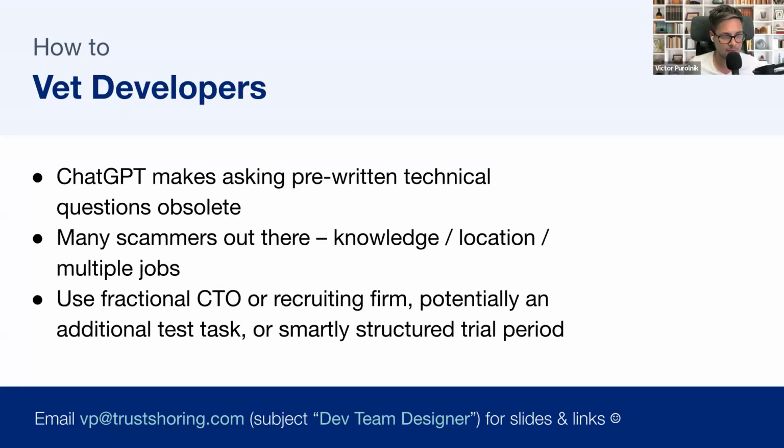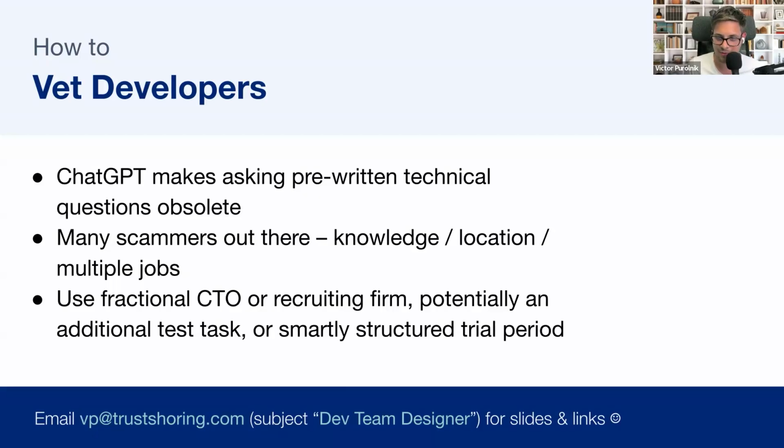How to vet developers is, again, a bit more difficult because here you really need more of that technical knowledge. Some people used to just ask pre-written technical questions, but not really know how to judge them. What we have right now is, people write technical questions in ChatGPT, ask them, that gets answered by ChatGPT, and then you feed that back into ChatGPT to understand if that was correct.